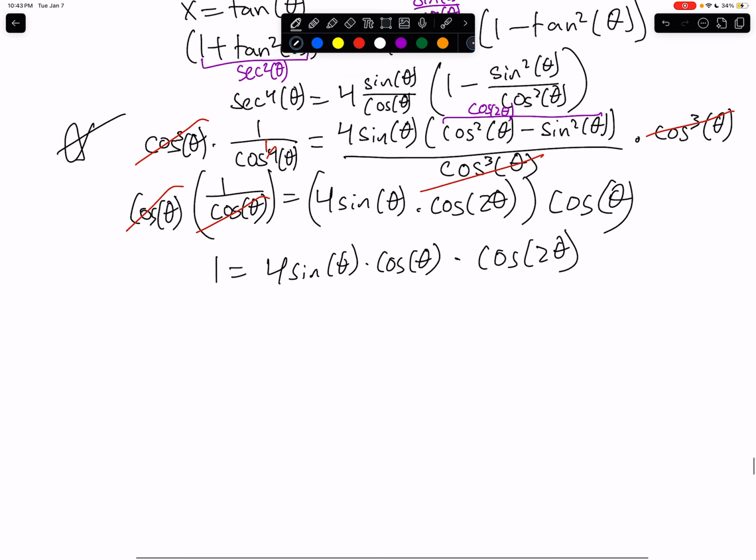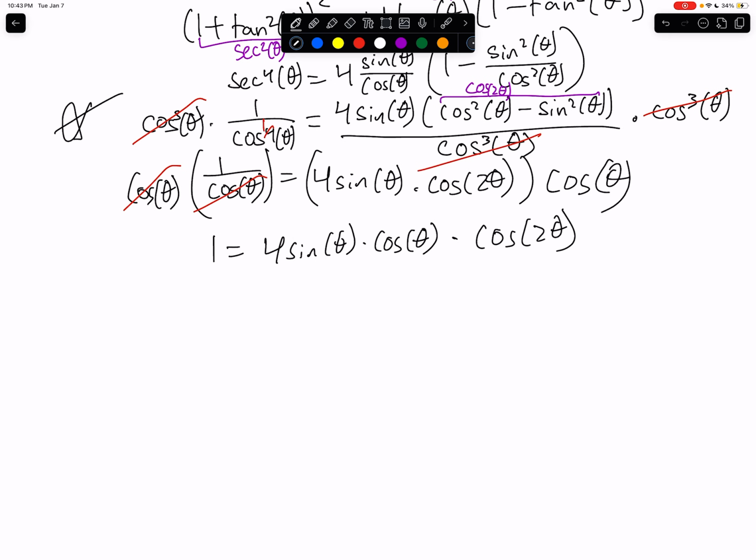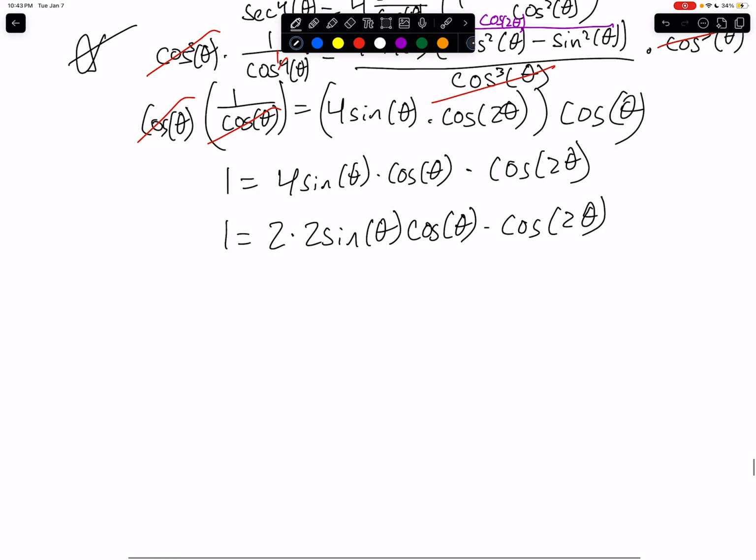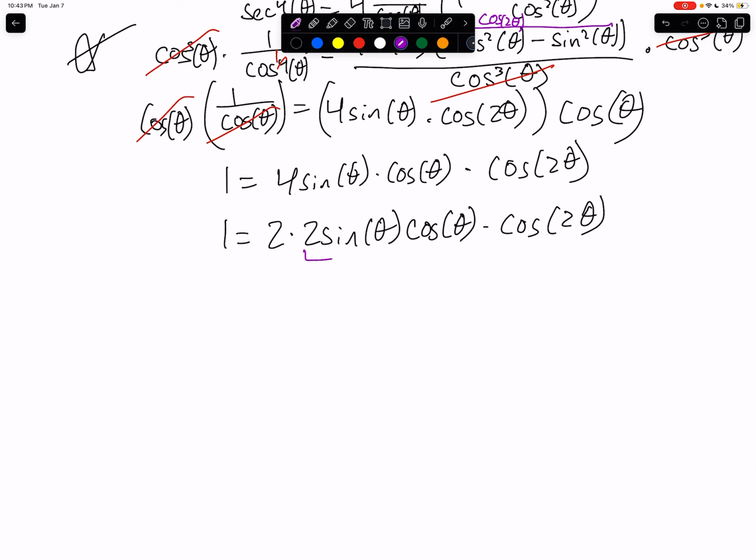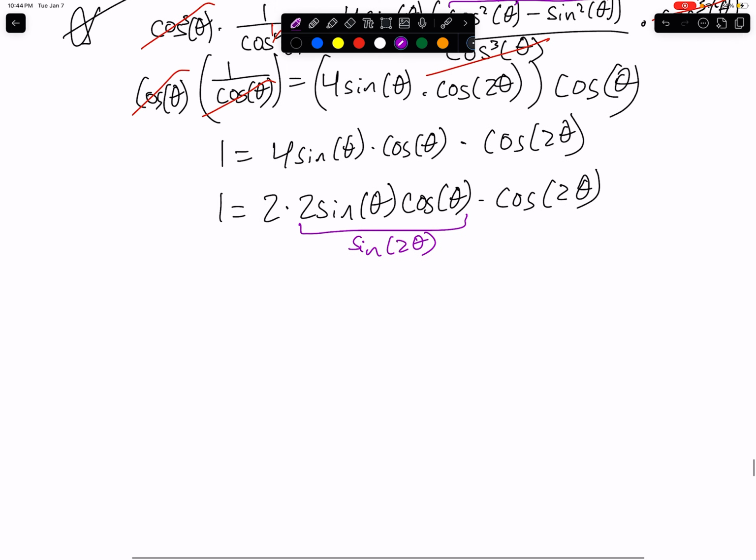So now we do a little manipulation here. We'll get 1 equals 2 times 2 sine theta cosine theta times cosine of 2 theta. Right? Now this is double angle for sine, sine 2 theta, also covered in understanding, not memorizing. So now we get 1 equals 2 sine of 2 theta cosine of 2 theta.